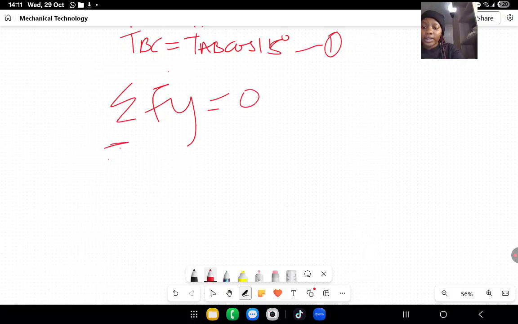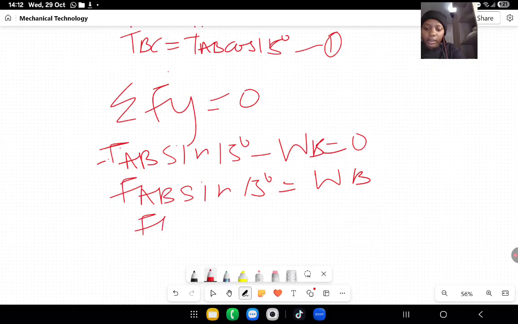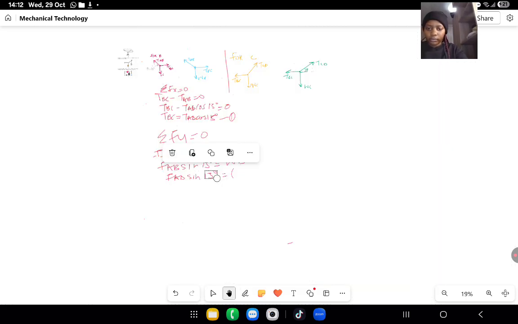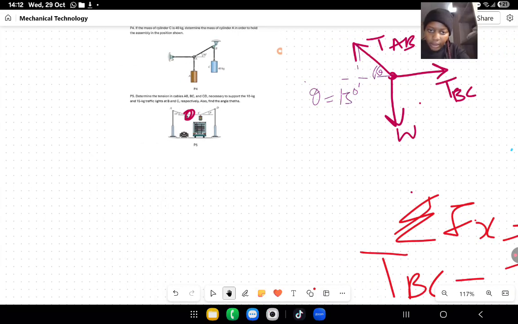Then TAB times the sine of 15 degrees minus WB equals 0. So TAB sine 15 degrees equals WB. Remember the statement says necessary to support the 10 kg and the 15 kg.